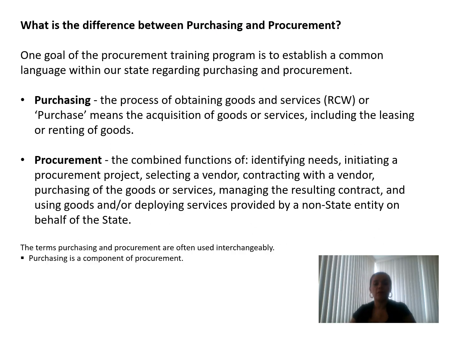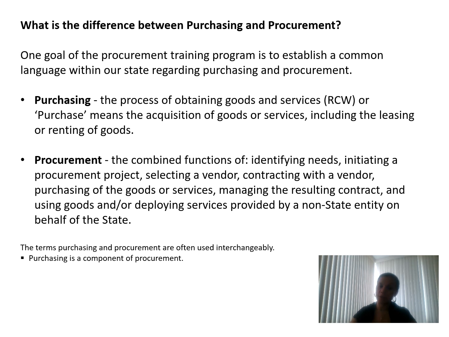One goal of the procurement training program is to establish a common language regarding procurement and purchasing. Again, purchasing is the process of obtaining goods and services, or purchase means acquisition of goods and services, including leasing or renting goods.